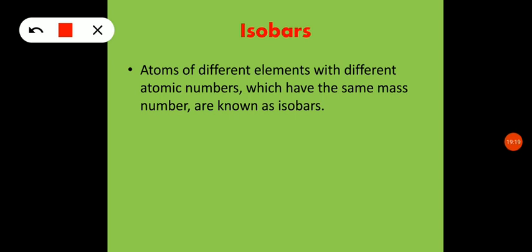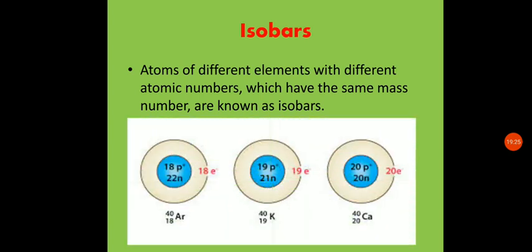Here in isobars, the atomic number is different but the mass number is the same. Take for example argon, calcium. This calcium, the atomic number is 20 and the mass number is 40.